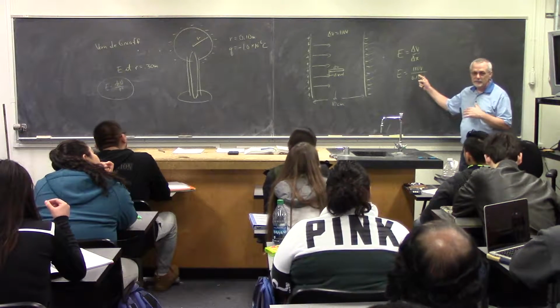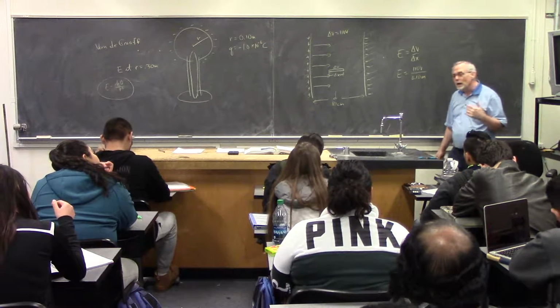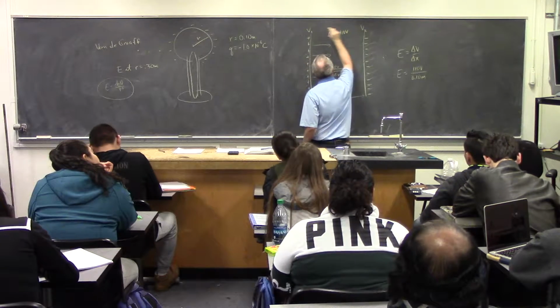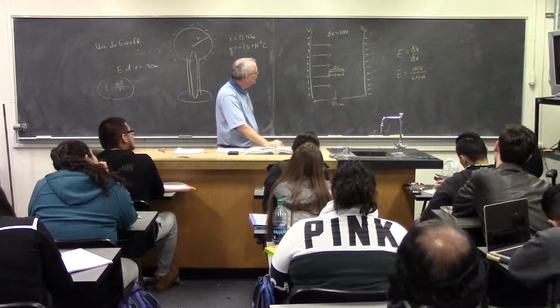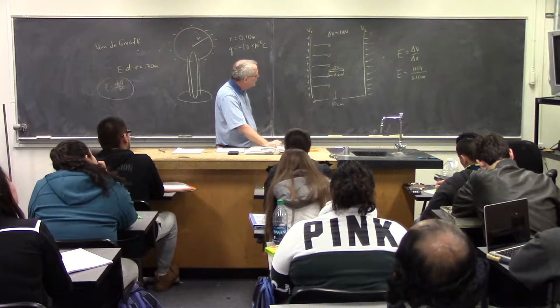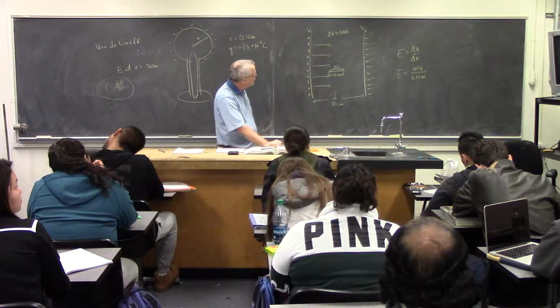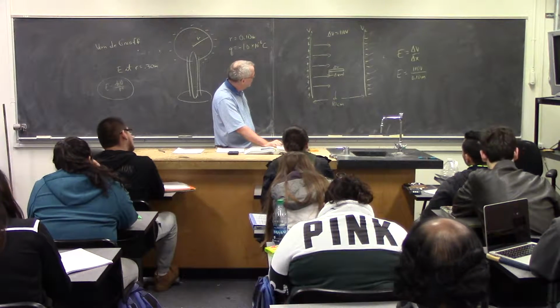The voltage difference, is it positive or negative? Positive. So how do you measure difference? This is my V2 and this is my V1, so V2 minus V1 should give me the field. I'm trying to think how to reason that out. I know what the answer is. It's got to be a positive field because it points to the right.